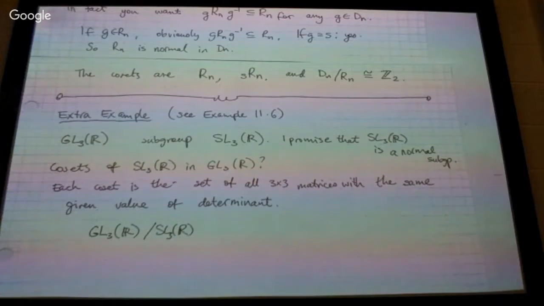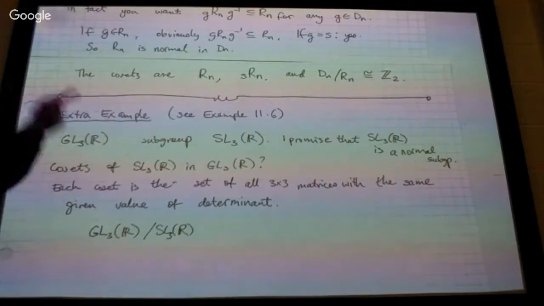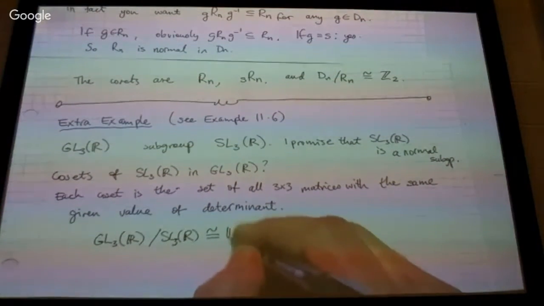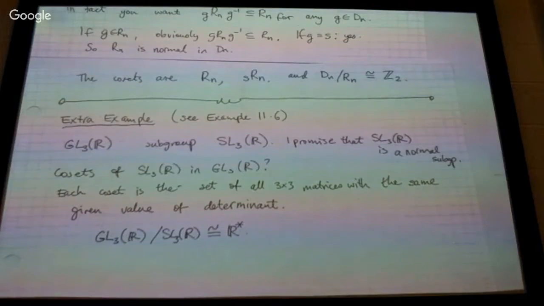When you multiply two cosets, you get another coset, and the value of the determinant is the product of the two values of the determinant. So what you're getting is an isomorphism of the factor group with the multiplicative group of the real numbers, because these cosets multiply exactly as real numbers do, without zero. So this is isomorphic to R star, I think it's called. End of examples.